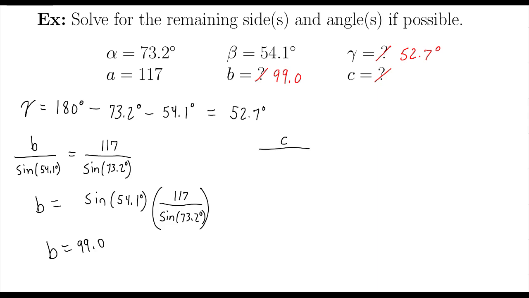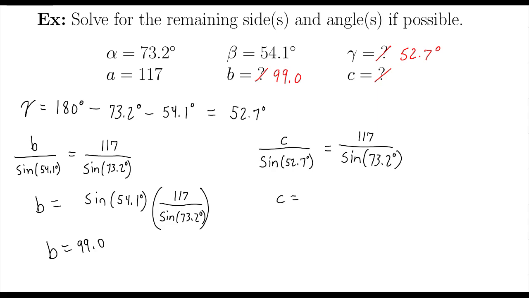C over sine of gamma, 52.7 degrees, equals, and I can use either A and alpha or B and beta, just pick one. I'm going to pick the A because that was given to me. I could have messed up with this right here, potentially, and I don't want that to affect my answer. So I'm going to pick the number that was given to me because I know that that's correct, over sine of alpha, 73.2 degrees.